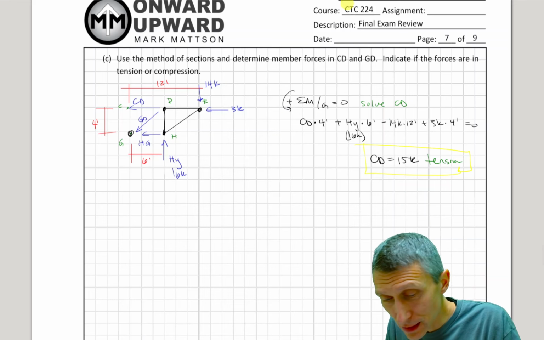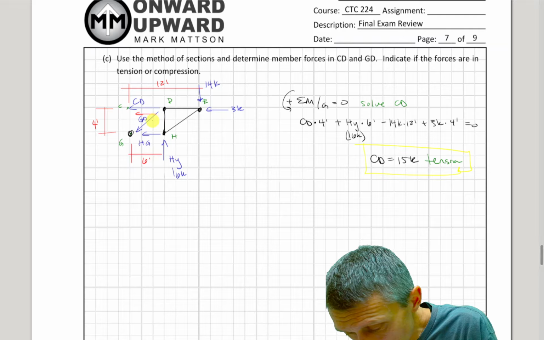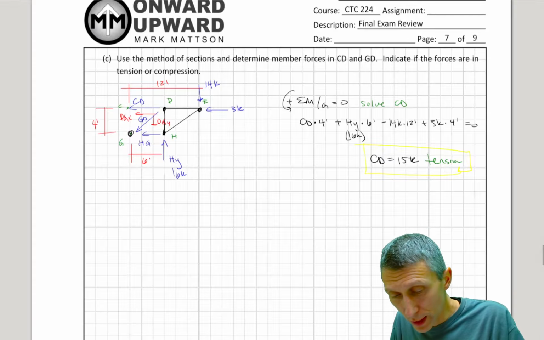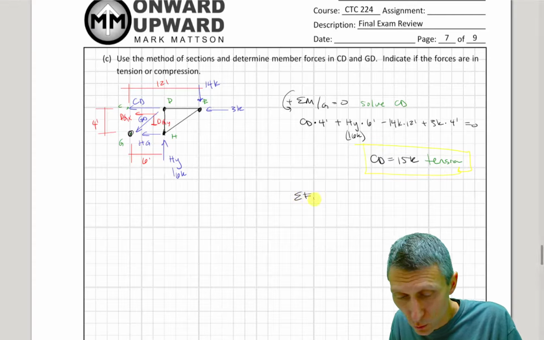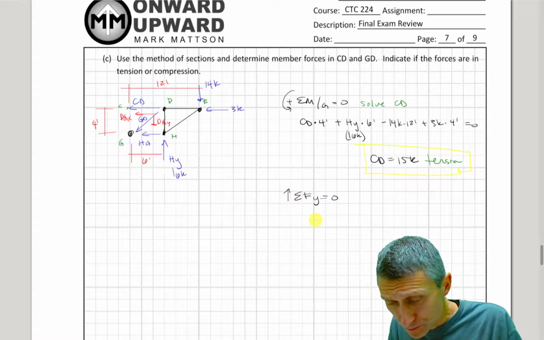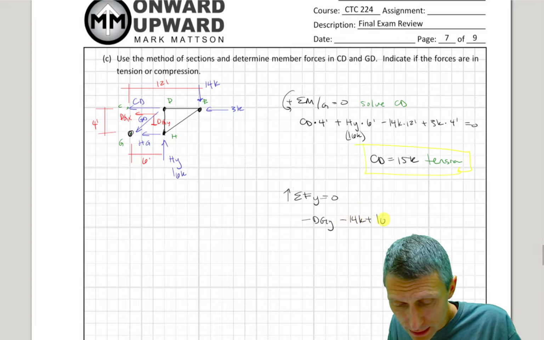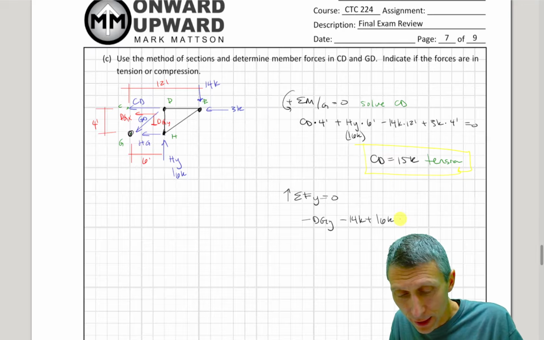And do that. And specifically, when we think about this, we're going to have this DGY and DGX, right? So when we sum forces, what I see is one force in the y direction that I don't know. So I can take some force in the y direction, and I can say, okay, well, I've got minus DGY because it's going down, minus 14 kips because that's going down, plus 16 kips, which is HY going up, equals 0, right?